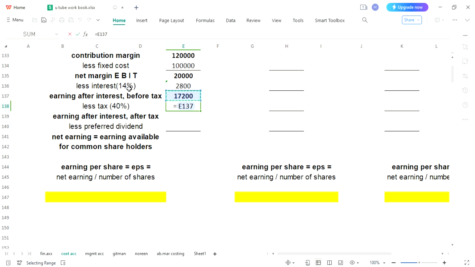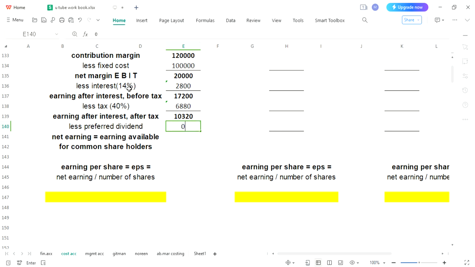To calculate, 40% multiplied by 40 divided by 100, we have got our tax. Earning after tax is now open to calculate by subtracting tax from the previous earning. Earning after interest and before tax, that means the previous earning 17,200, and you will subtract your tax 6,880. We have got our earning after interest and after tax, 10,320.